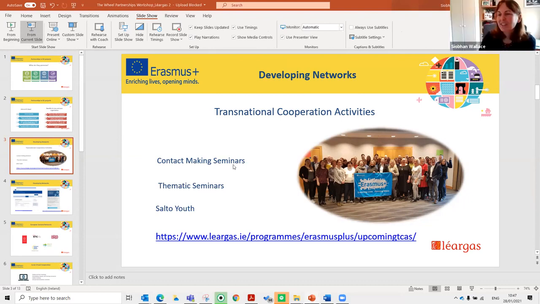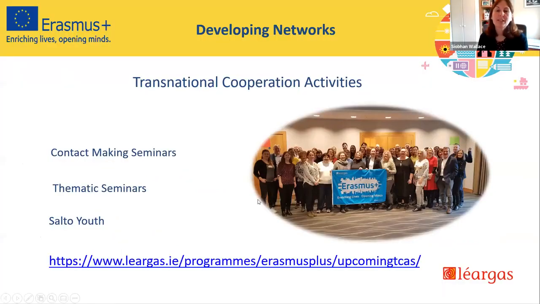Right. So it's just to talk a little bit about the type of networking activities that we host as national agencies within the Erasmus Plus program. Obviously we understand the need for organizations to be able to meet with other partners and develop those partnerships.